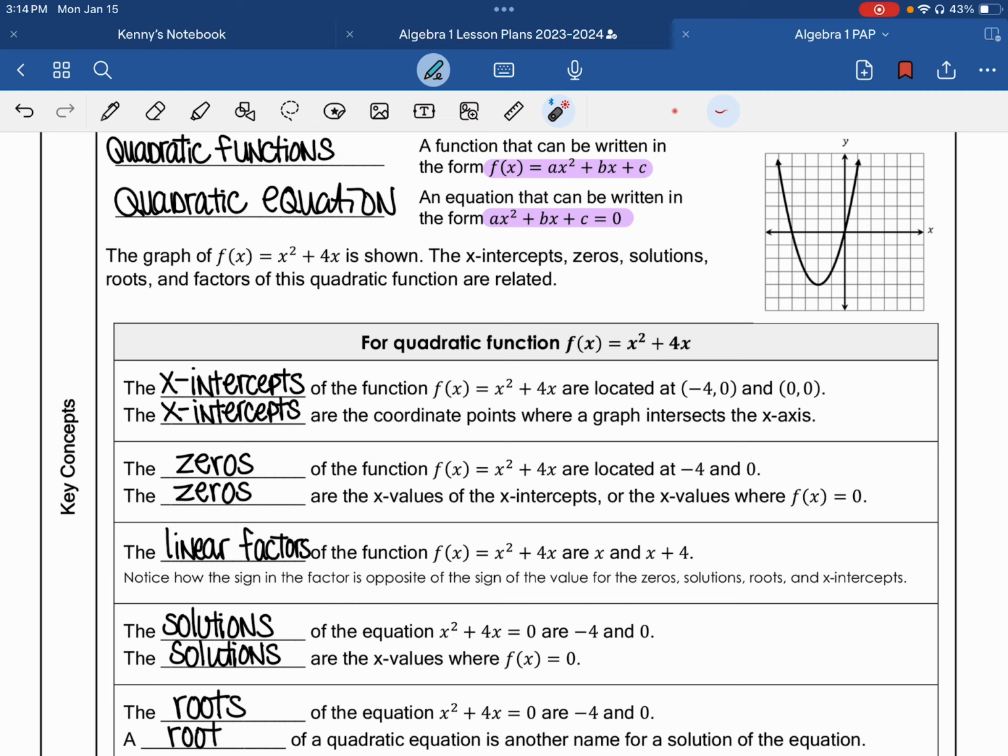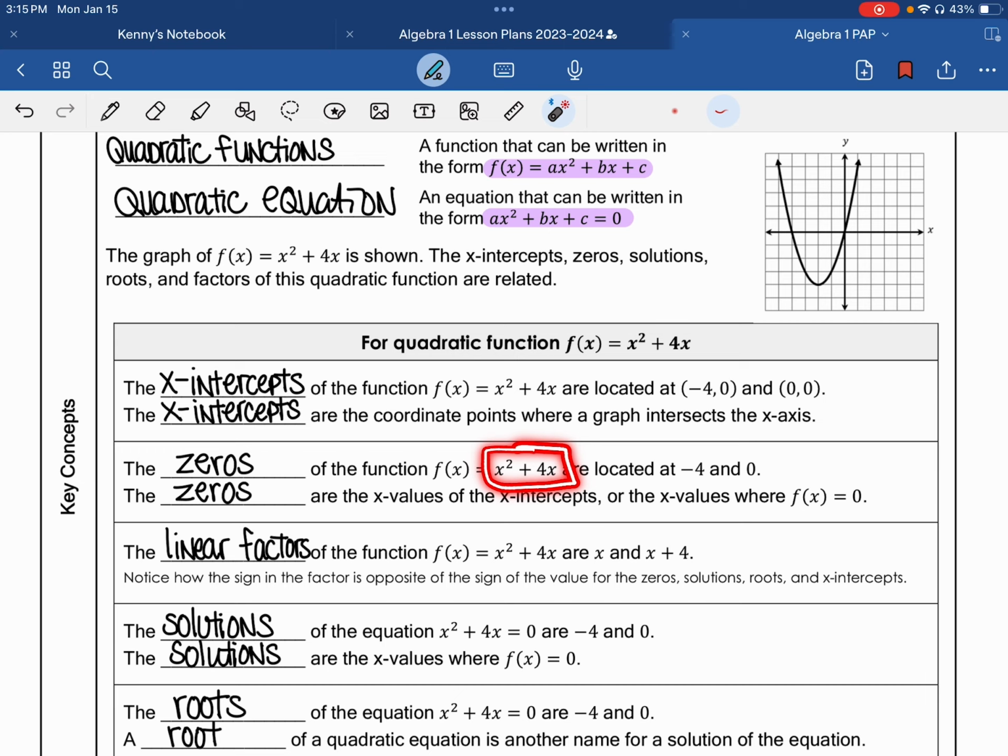This part right here just refers to the fact that we can substitute 0 in for f of x, and we can solve algebraically. The linear factors of the function f of x equals x squared plus 4x are x and x plus 4. What they've done is taken this part right here and factored it.